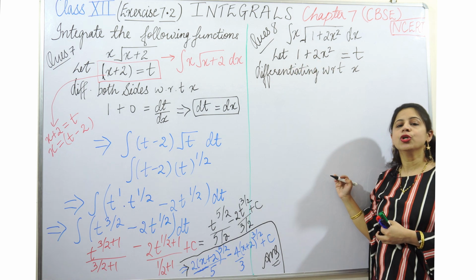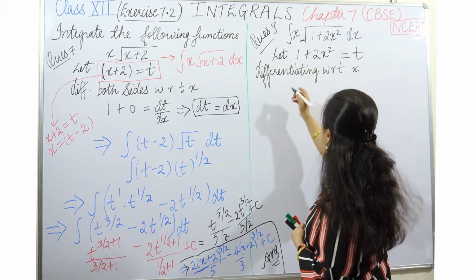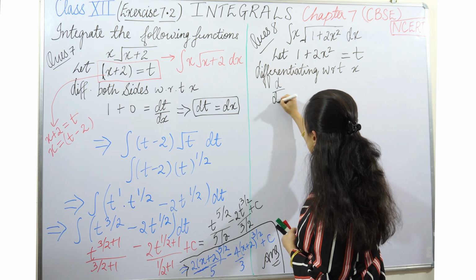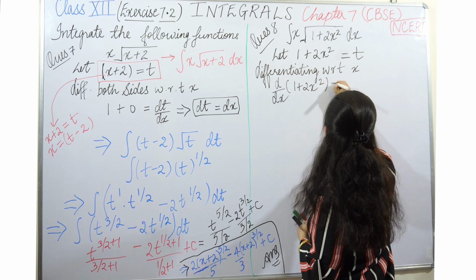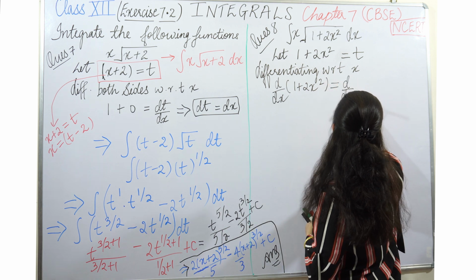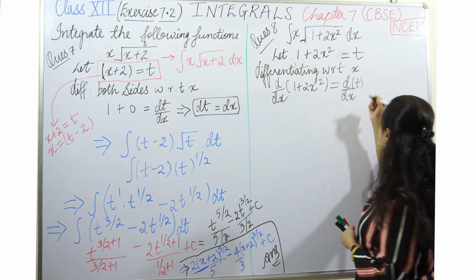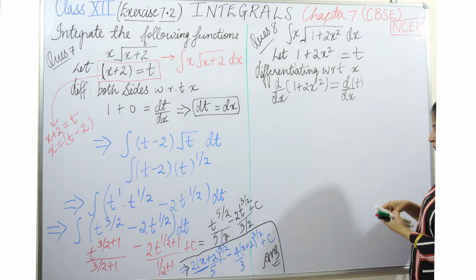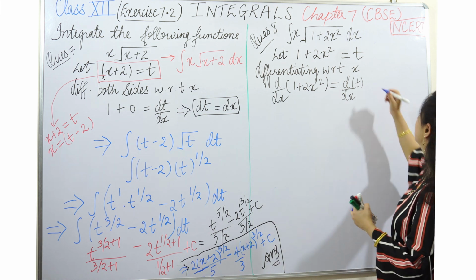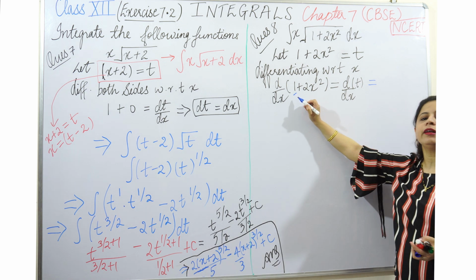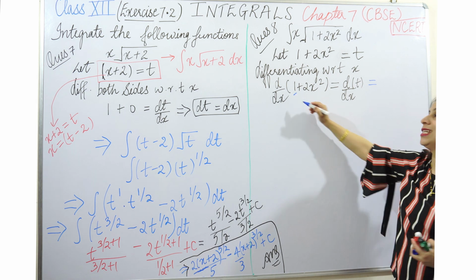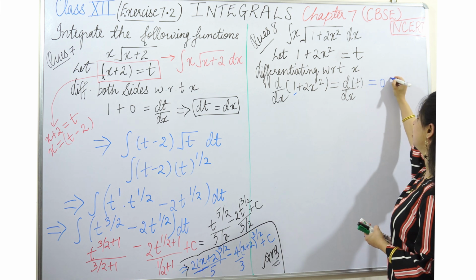When we differentiate this, we can write 1 plus 2x square equals, d over dx of t. Over here, when we differentiate, this is a constant. Differentiation of any constant is 0. So it will come out to be 0.